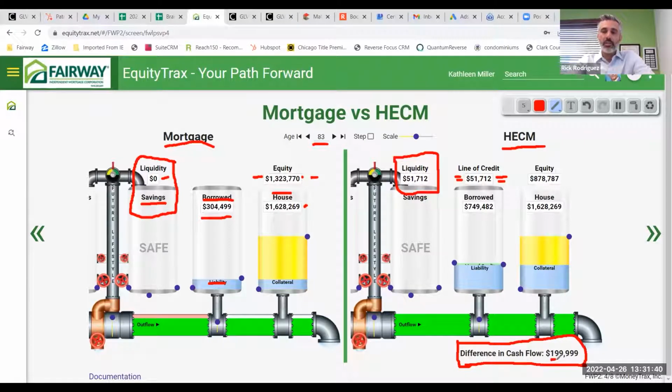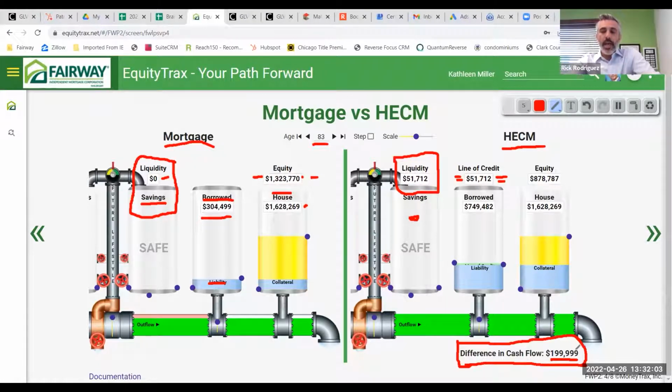This is cash that they've been able to retain in their pocket, and perhaps they might have deposited it into the savings bucket, which we're going to see in the next example. Or maybe they've used it for other purposes, pay off other debt, personal use, what have you. There's no restrictions, obviously, on what one can use their funds for.